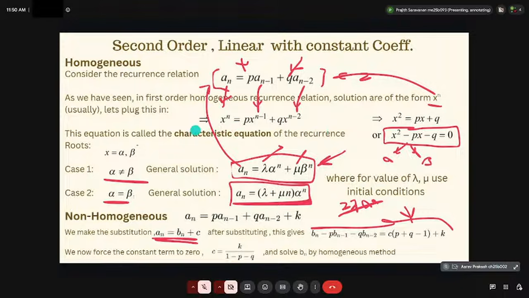We need a characteristic equation, so we need a root. We need some value to the power n to be the representation of the solution. To get that value, we substitute x^n. x is something which we don't know and we want to find it. So we need a root to the power n to be the actual solution of this equation. That's why we put x.